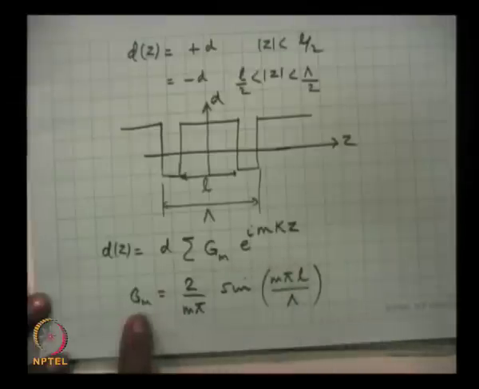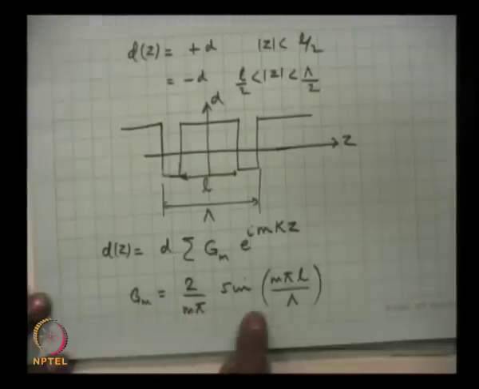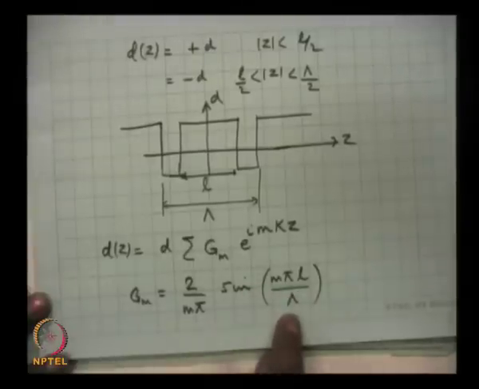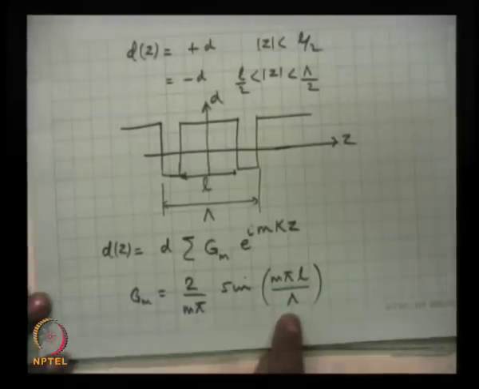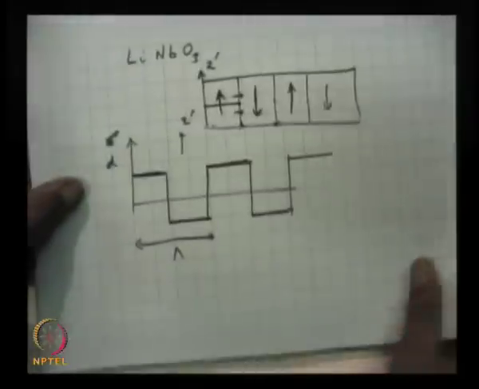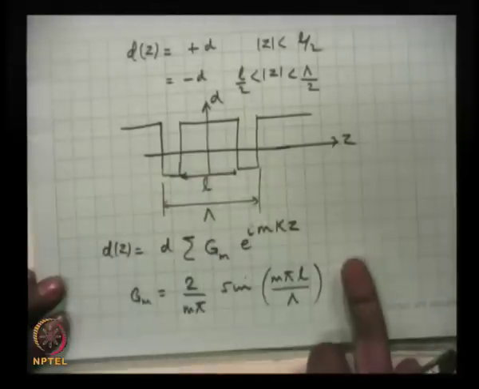So the first term will be, if I use m is equal to 1, it will be 2 by pi, and if I use L is equal to half lambda, which is a 50% duty cycle, this figure which I have drawn is a 50% duty cycle. Here I have drawn a figure in which L may be different from lambda, half a lambda.